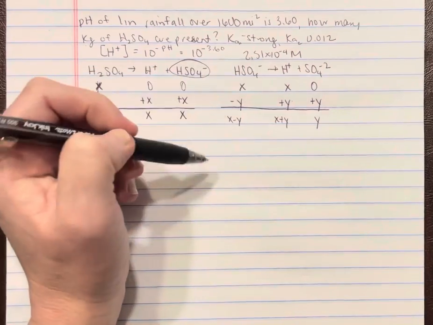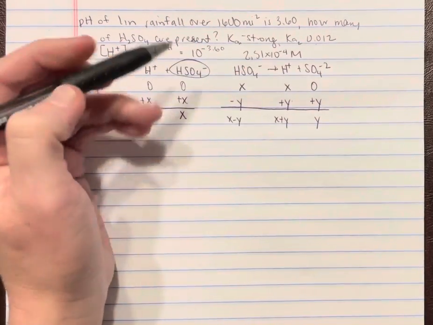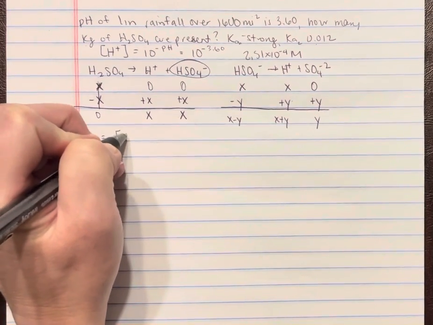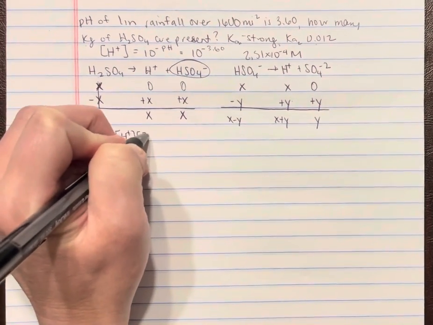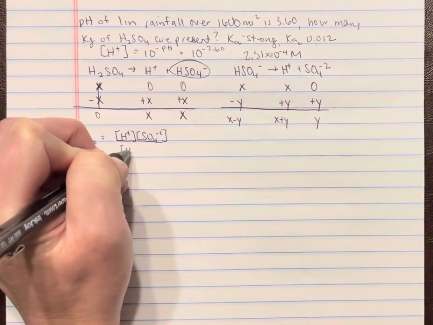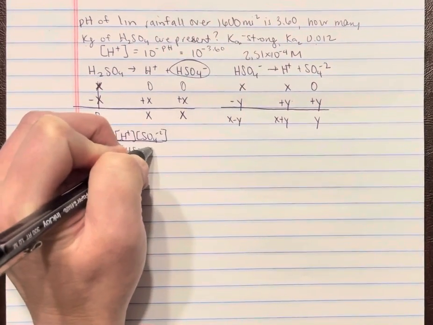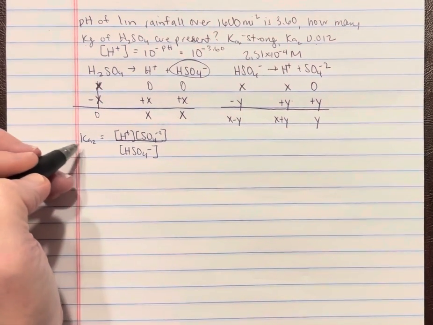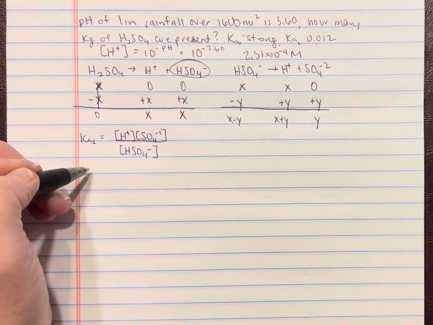We should write our expression for Ka2. So here, Ka2 is H plus, SO4 2 minus, over HSO4 minus. All right, well, not going to work quite yet. So let's go ahead and plug in our expression though.